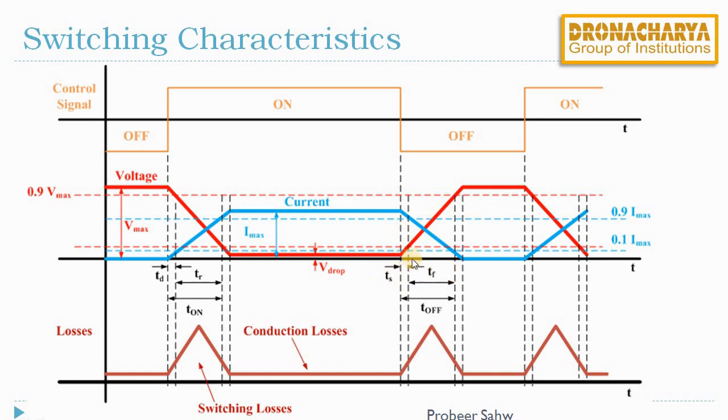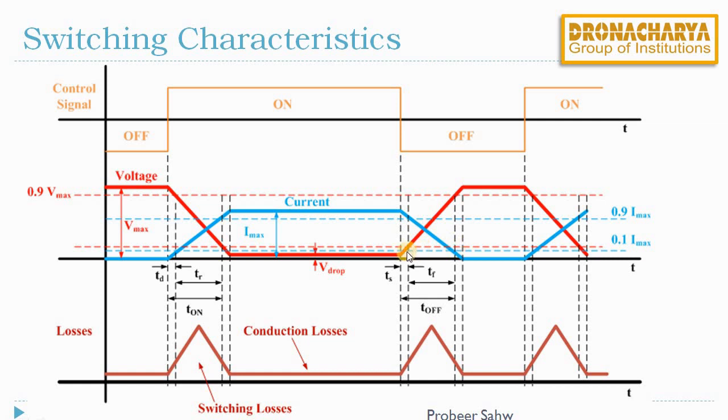During the storage time, the voltage rises from its zero value or minimum value to 10% of the maximum value. Simultaneously, the current falls from its maximum value to 90% of its maximum value. And during the fall time, the current drops from 90% of its maximum value to 10% of its maximum value.